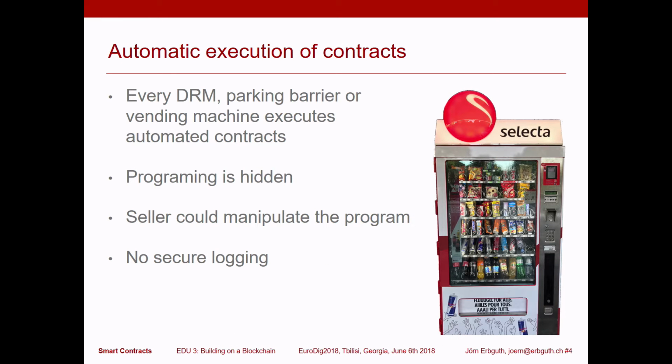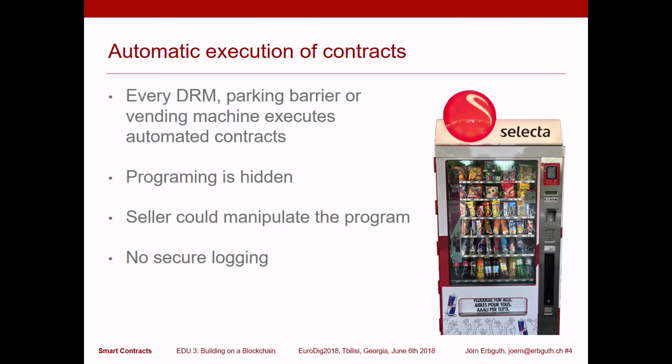Second thing, automatic execution of a contract. We all know vending machines. Vending machines are like automatic execution and even conclusion of contracts. You select something and then you get the chocolate.